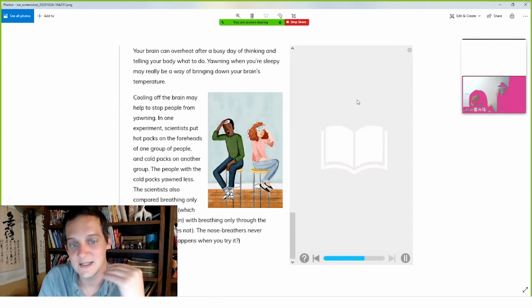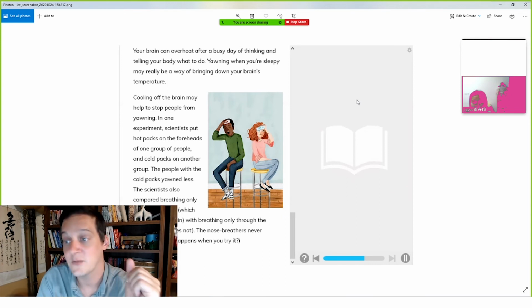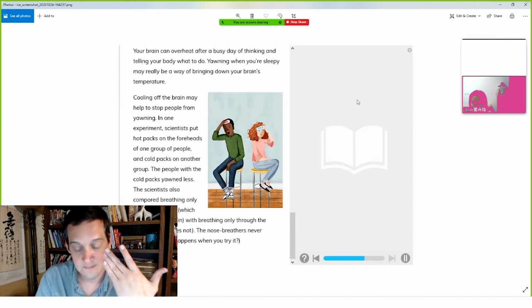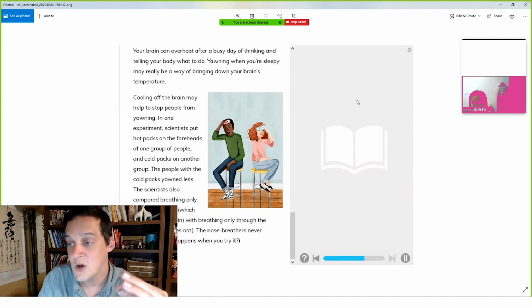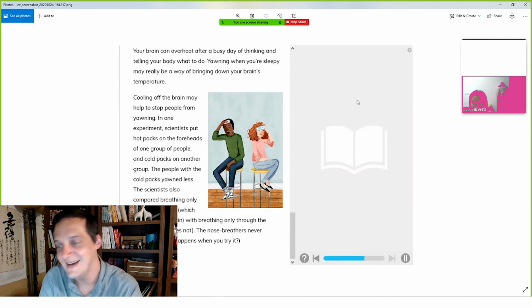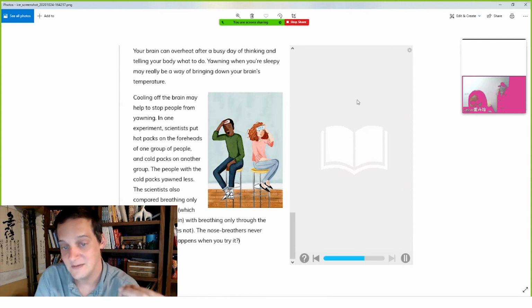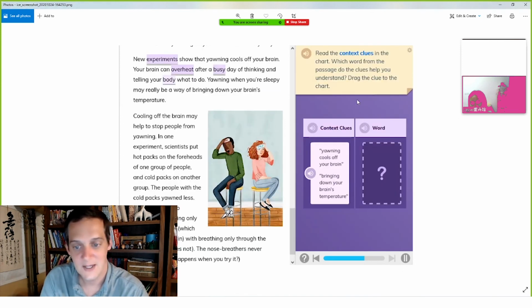So talking is kind of a way of mouth breathing. You're blowing the air out and in and out and in, and you're not even thinking about it. Use your nose, close your mouth. So those people who talk a lot generally find themselves yawning often.